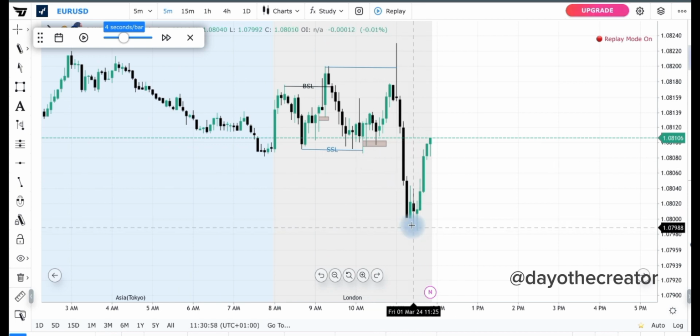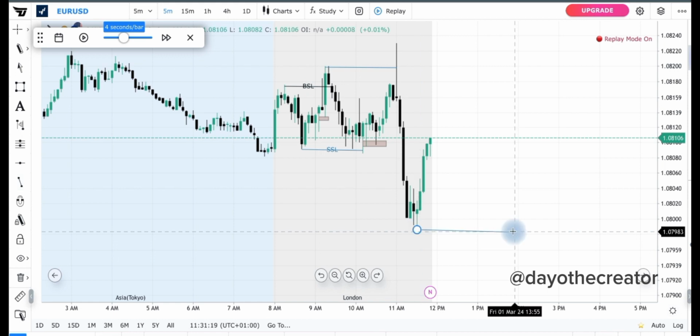After it went down, then around 11:30 something, we started buying again. So that means our previous sell side liquidity has been invalidated, and this is our new sell side liquidity. Let's see whether the market will still come down to take it out.